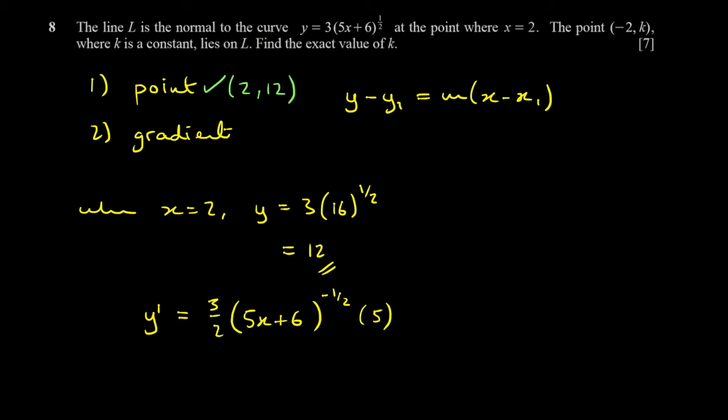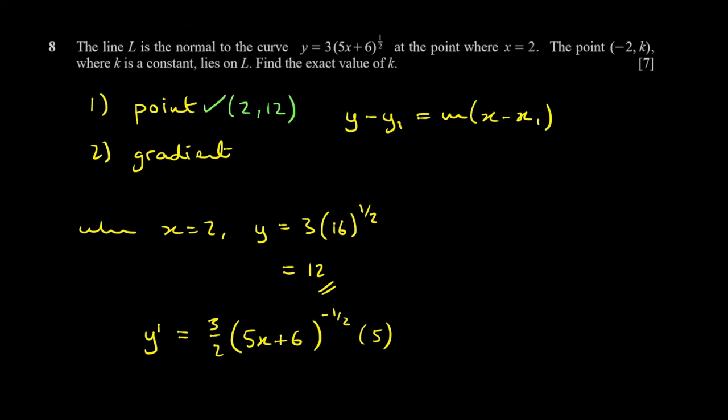Okay, so just to recap, this is a chain rule. We've got one function, 5x plus 6, which is inside the bigger function, 3 times whatever to the power of a half. The way we differentiate that is we differentiate the big function on the outside first. So the power, a half, comes down to the front. We reduce the power by 1. And then we look at the little function on the inside.